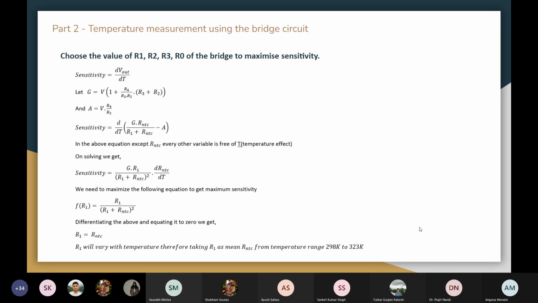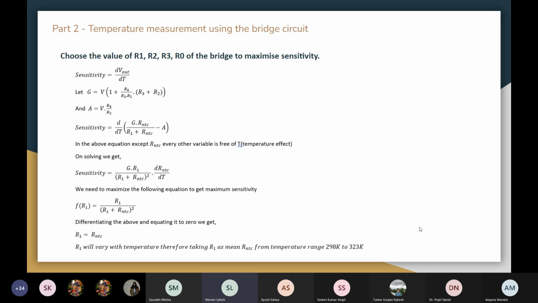So in this slide, we have tried to calculate the sensitivity to maximize the sensitivity. So we took the V out obtained in the previous slide and differentiated it with respect to temperature. And after the differentiation, we got this equation. So we needed to choose the values of R1, R2, R3 in such a way that we get maximum sensitivity.